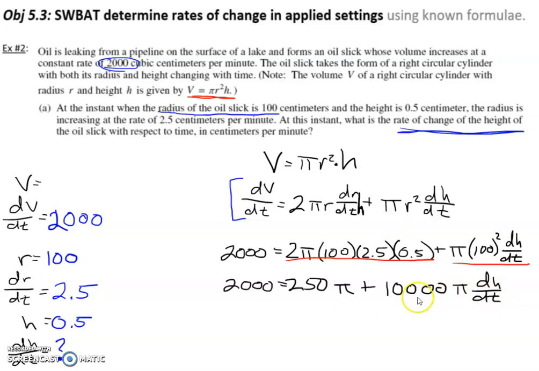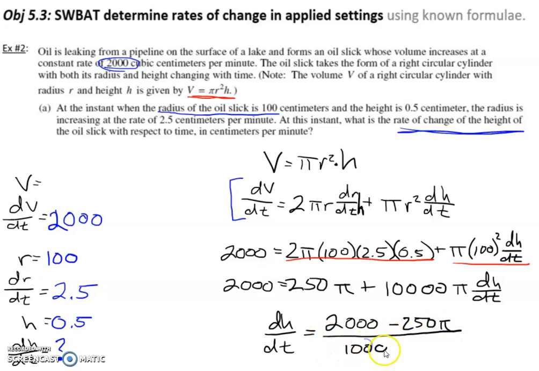And it looks like there's 2 steps left to getting dh/dt by itself. Subtract 250 pi and divide by 10,000 pi. So dh/dt is equal to 2,000 minus 250 pi, divided by 10,000 pi. I didn't show all the Algebra 1 steps in there, but you could if you find that helpful.